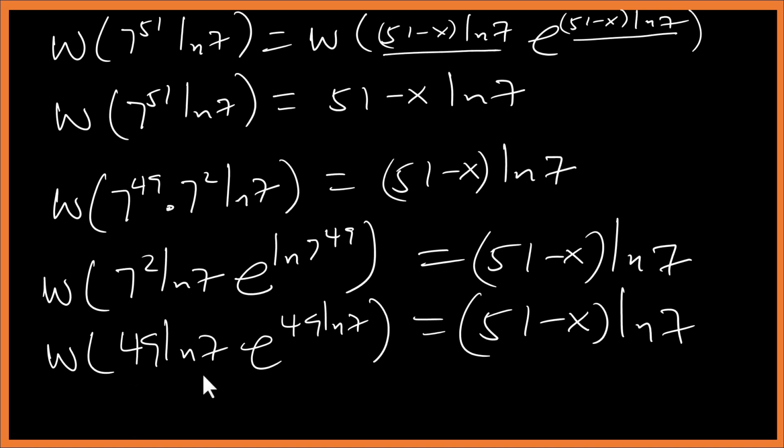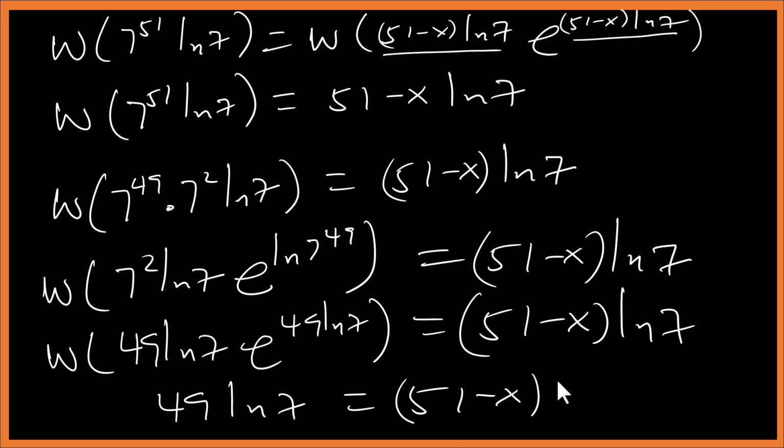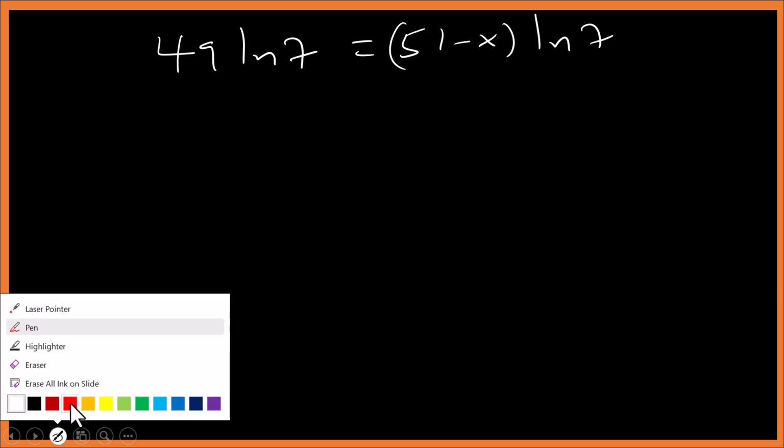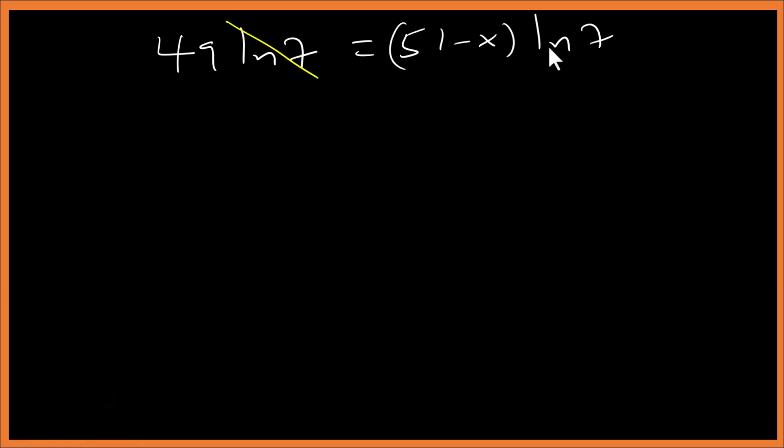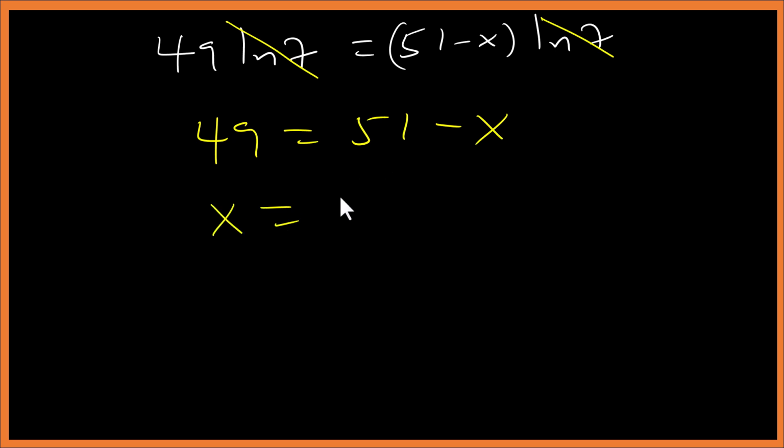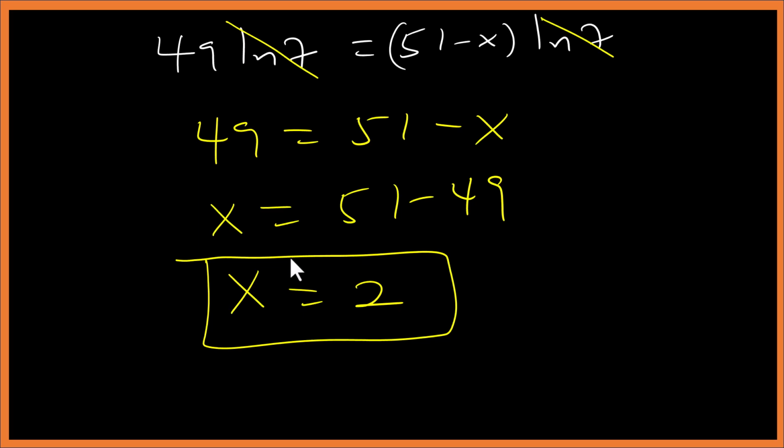So we have 49 ln of 7 equals 51 minus x ln of 7. All right, so this will cancel this. I'll be left with 49 equals 51 minus x. Therefore, x is the same as 51 minus 49. So x is 2. All right, so that's that.